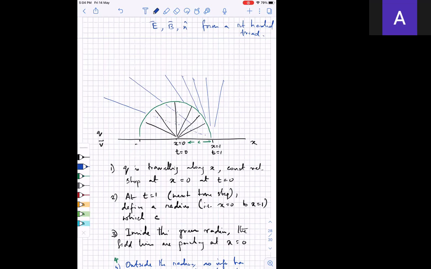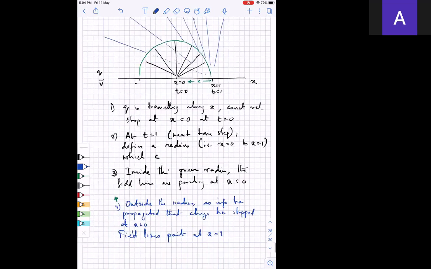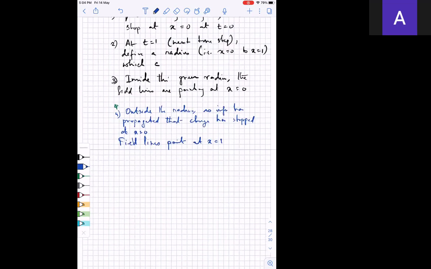So there has to be a connected part, a continuity.